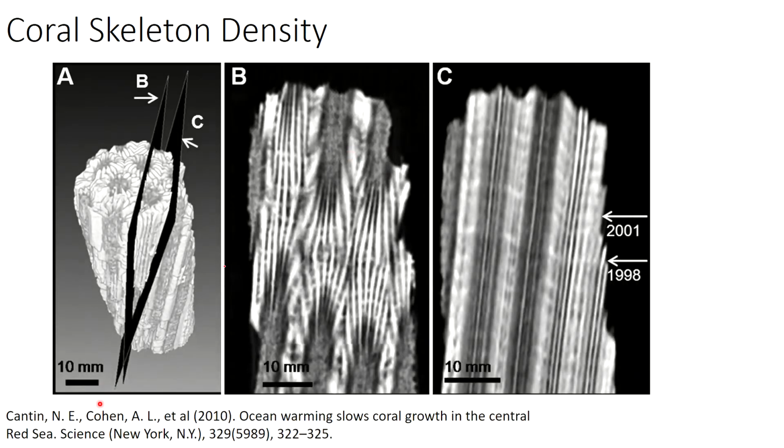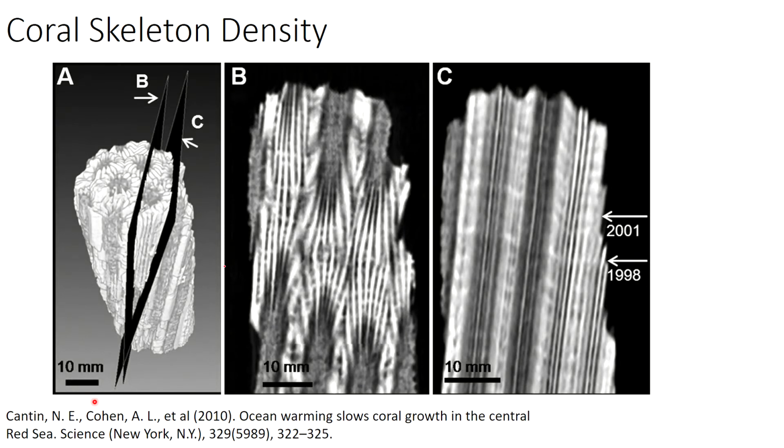So here's an X-ray CT scan through a coral, and the advantage of X-raying a coral is that you can image the density of the different layers within the coral.